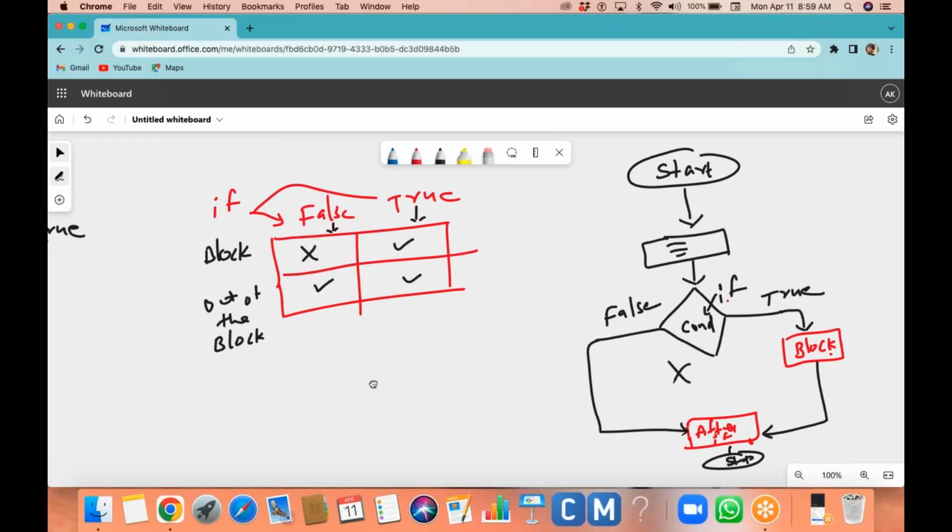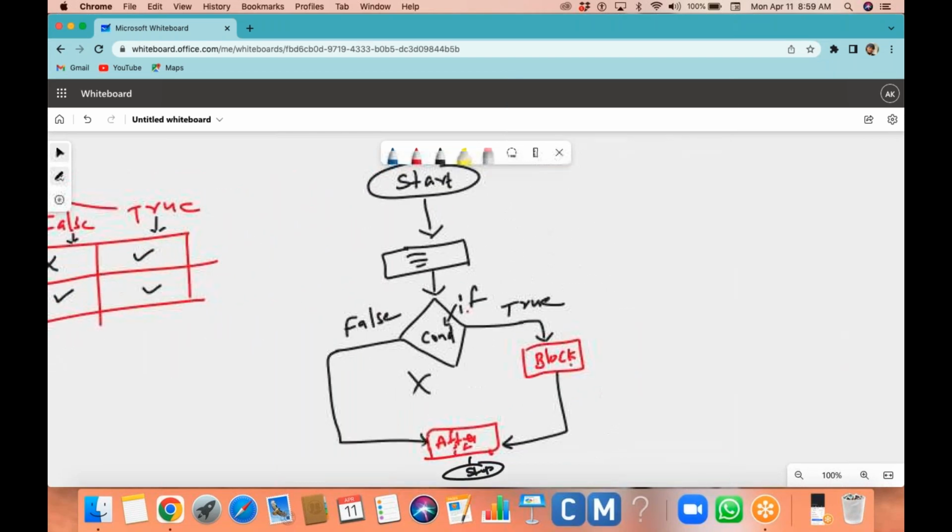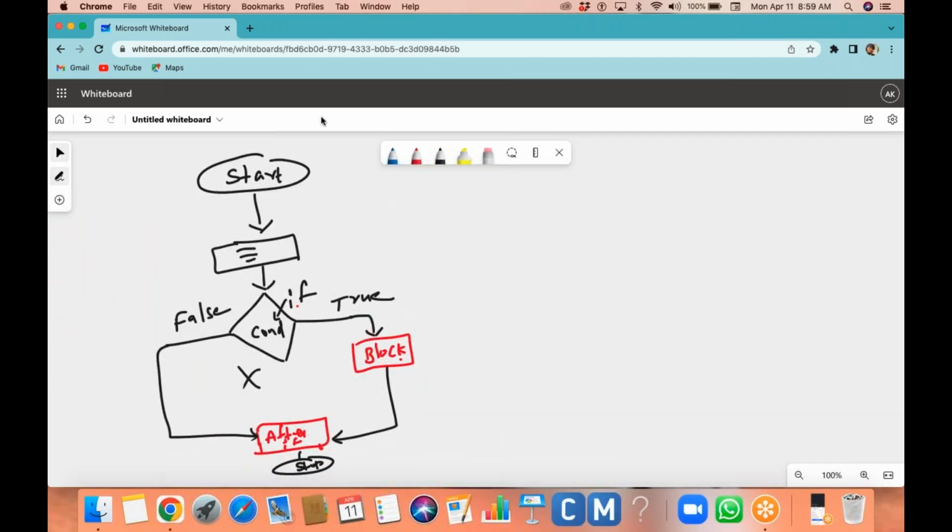Once you understood, let me go with writing the syntax. With the help of that particular syntax only, you can build the program. See, in the case of the Python programming language, there are no functions required.